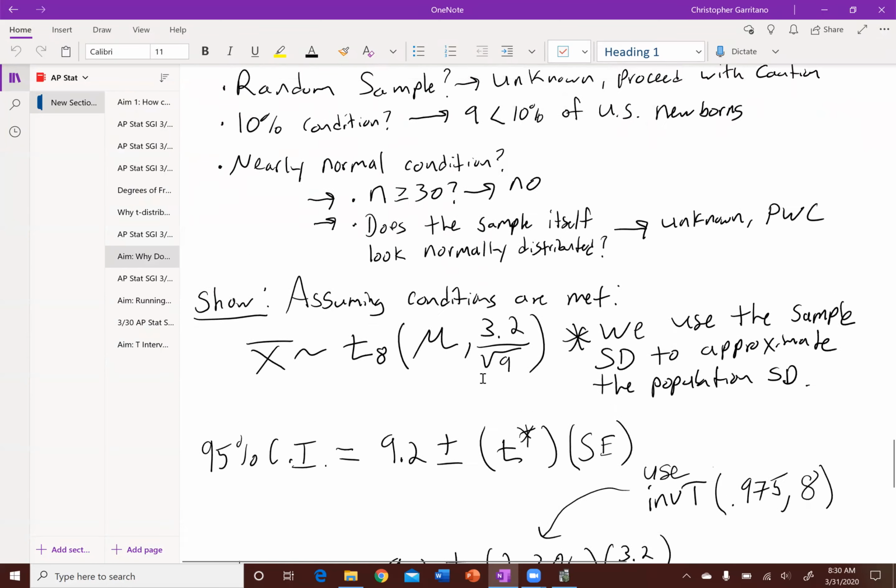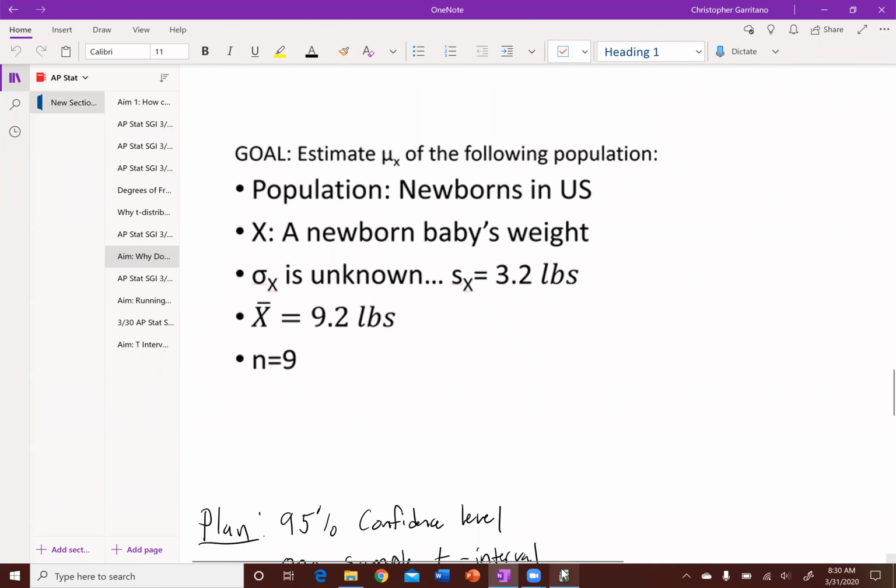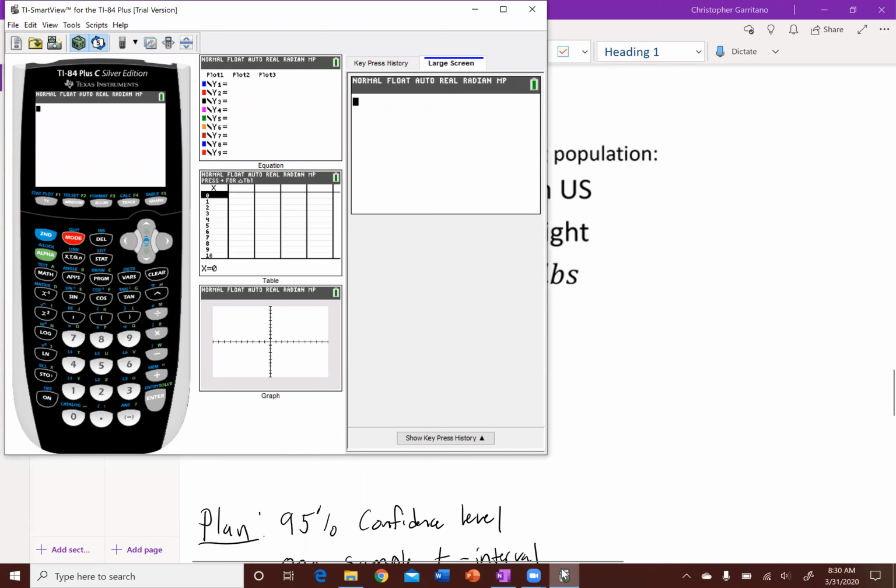All right, so let's go ahead and, at the suggestion of one of your classmates, I downloaded a TI-84 emulator. So we're going to use that so that I can show you the steps to run this confidence interval. All right, so we want to run a 1 sample T interval.